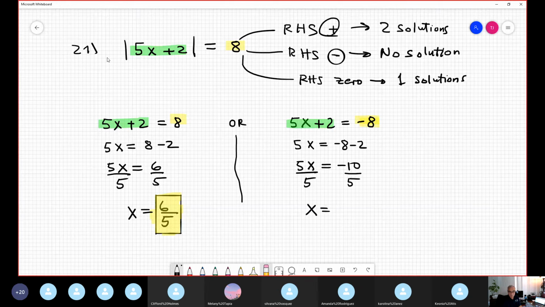It's negative 2. And this is my second solution. Okay, what is the solution set for this equation? The solution set is 6 over 5, comma, negative 2. Done. Any question?